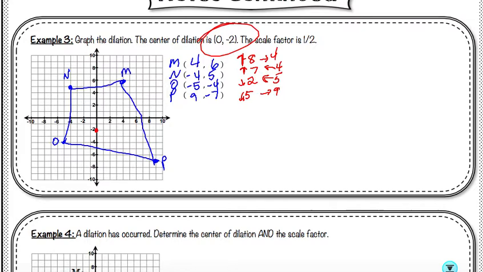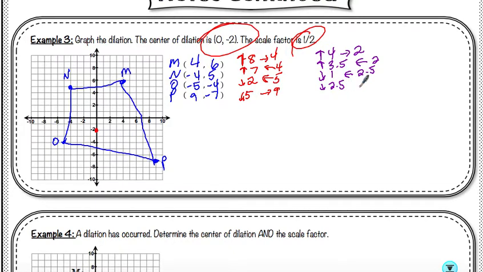Okay, then you take each of these numbers, and what do you do with this 1/2? Each of these numbers gets divided by 2, aka multiplied by 1/2. So 8 divided by 2 is 4, 4 divided by 2 is 2. 7 divided by 2 is 3.5. 4 divided by 2 is 2. 2 divided by 2 is 1. 5 divided by 2 is 2.5. 5 divided by 2 is 2.5.